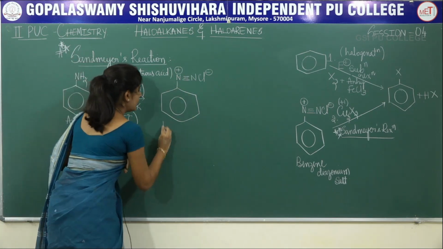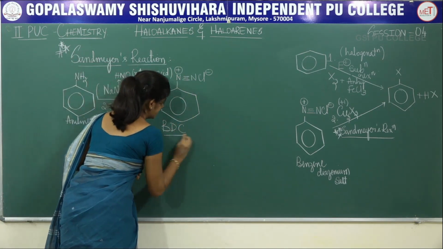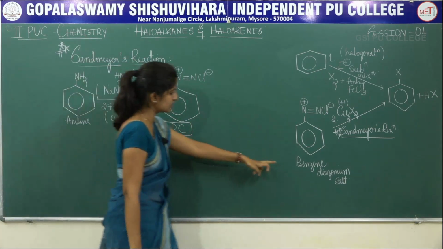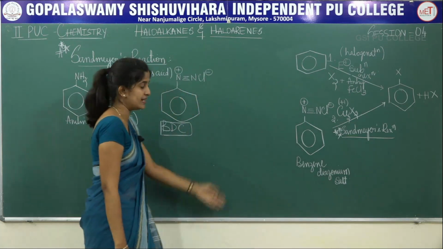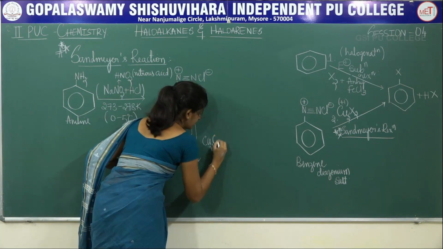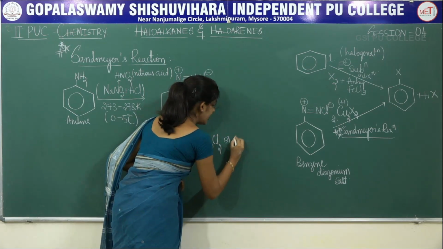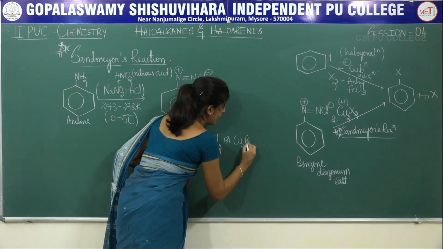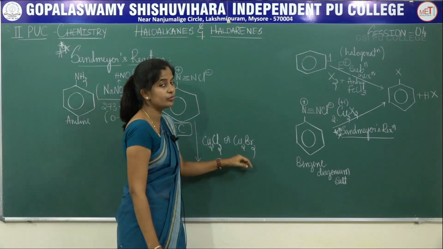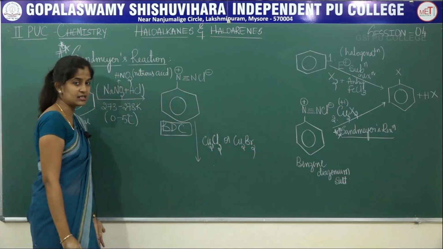So this is commonly called BDC. It's a common name, a short form. What is BDC? It is benzene diazonium chloride, benzene diazonium salt. Then what you have to do, you have to react it with cuprous chloride, or you can also react it with cuprous bromide. With either cuprous chloride or cuprous bromide, the respective haloarenes come out.